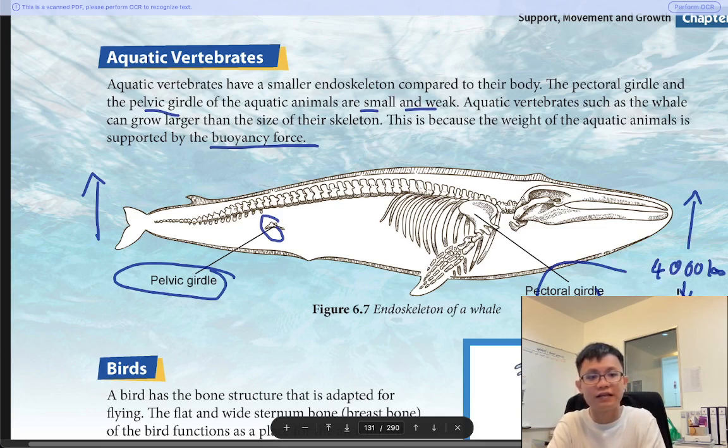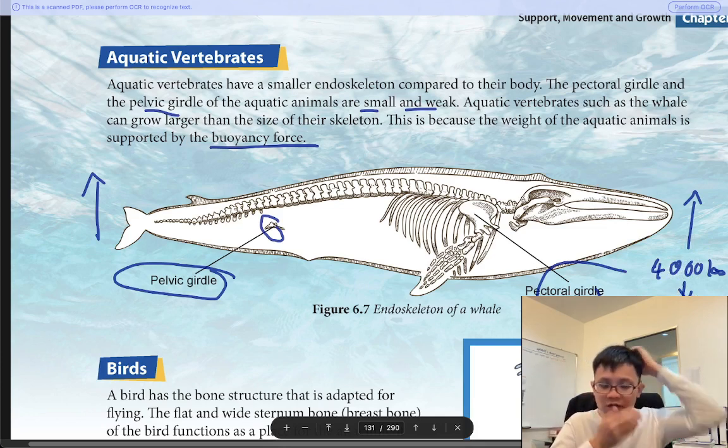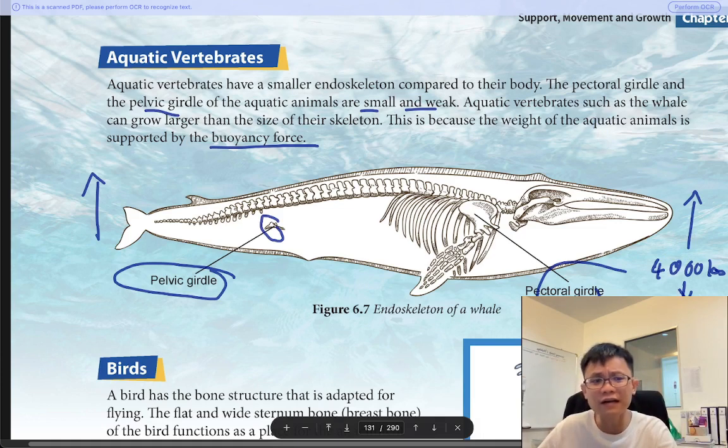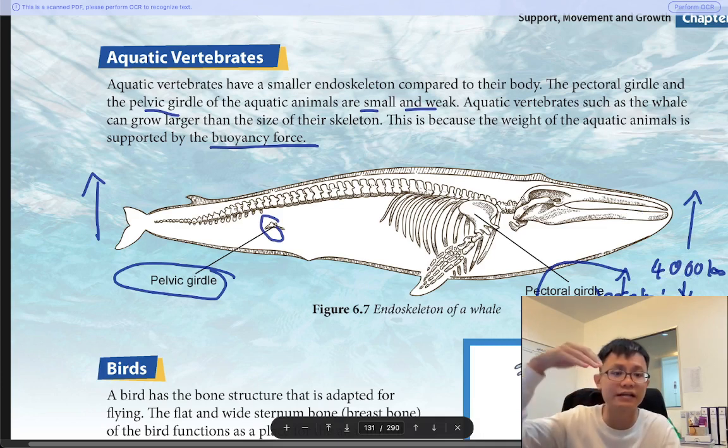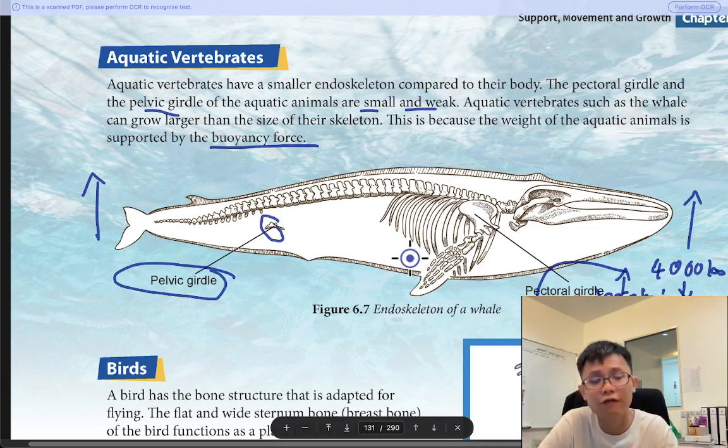If you have learned physics, of course, if you go under the water, the buoyancy force pushes up 2,000. This one is physics lah. But since you're taking science, you're not taking physics. So 4,000 minus the 2,000 buoyancy force, there is only 2,000 going downward. So the whale will be lighter.